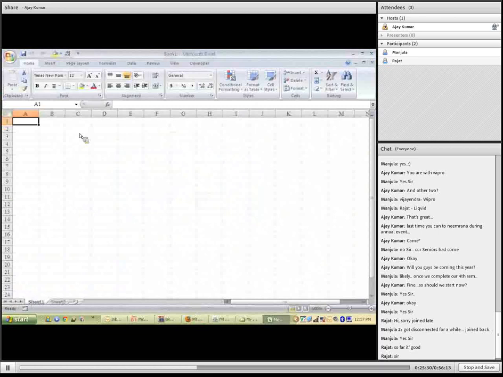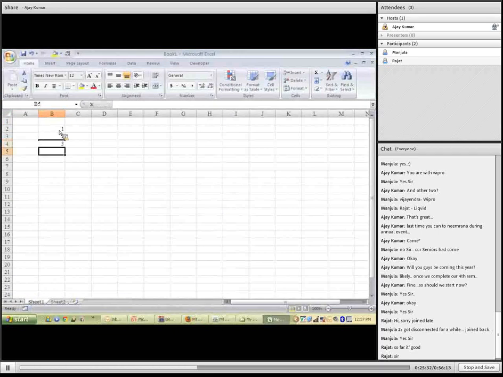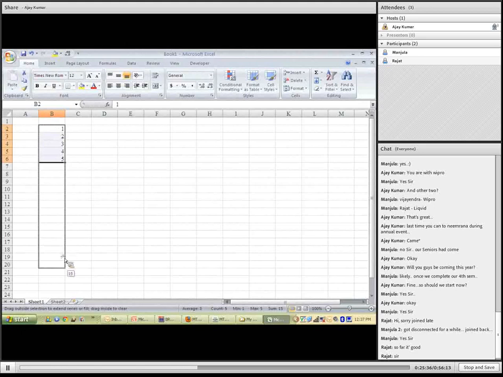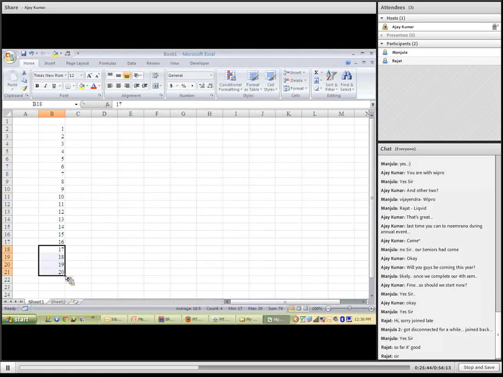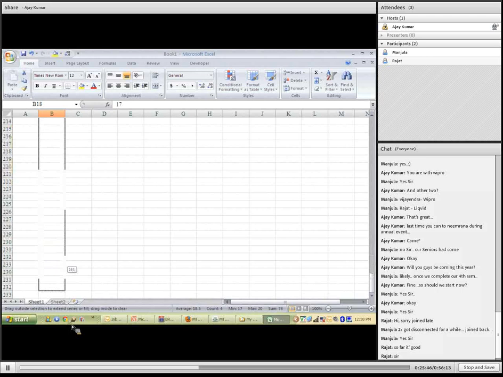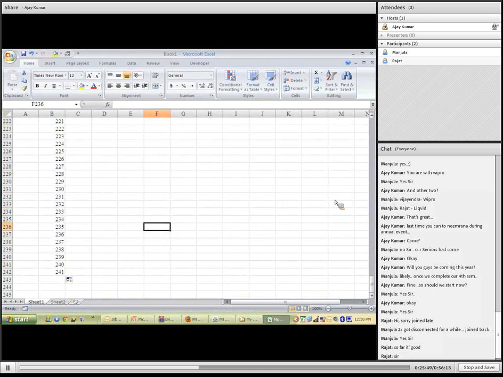Now suppose I have 1, 2, 3, 4, 5, and I keep going on and on till 300. Let's drag it down a little more and make it 241. So I have generated a pool of these 241 items which I feel would be measuring satisfaction of an individual.